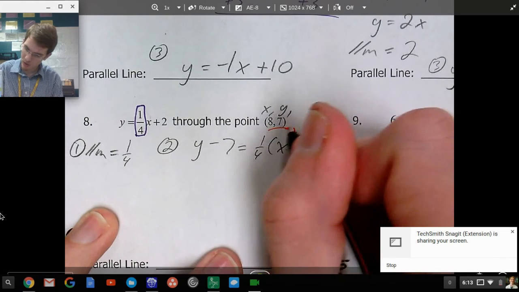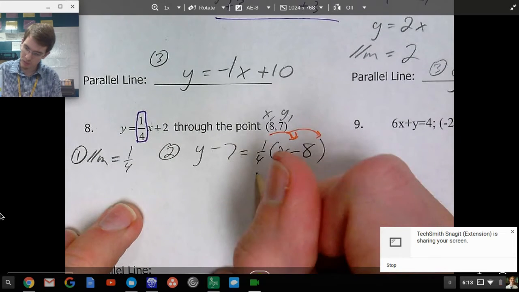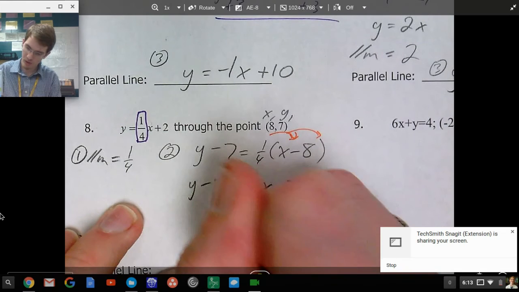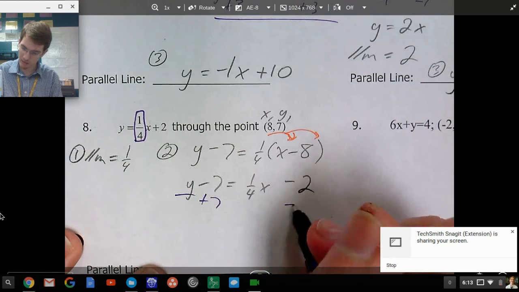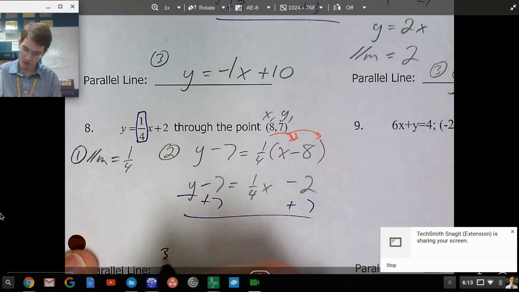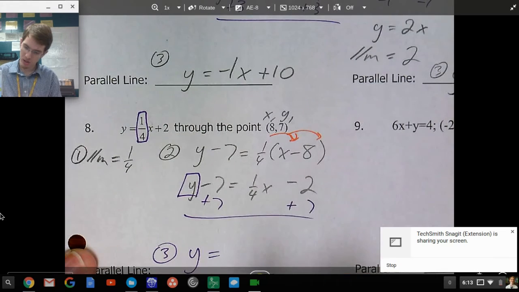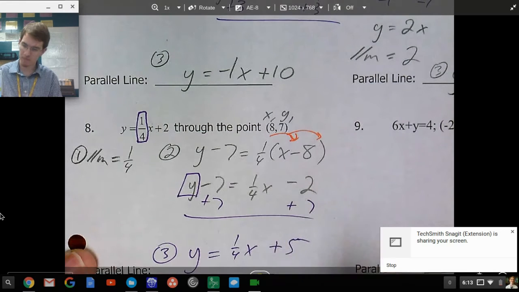Distribute. So that's 1/4 x minus 2, so y minus 7. To get y by itself, we add 7 to both sides. So our step 3, y equals 1/4 x plus 5.